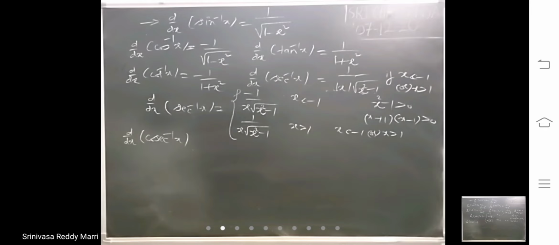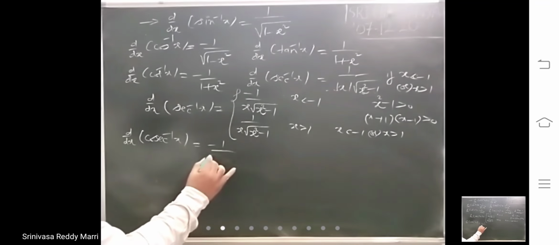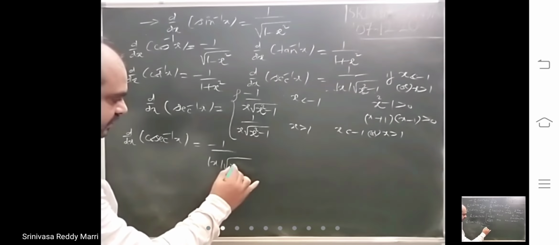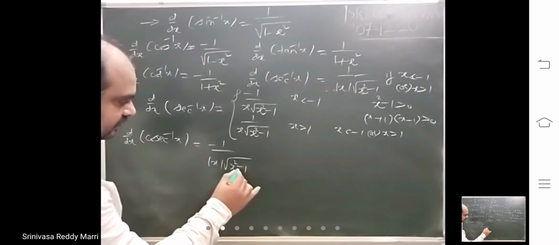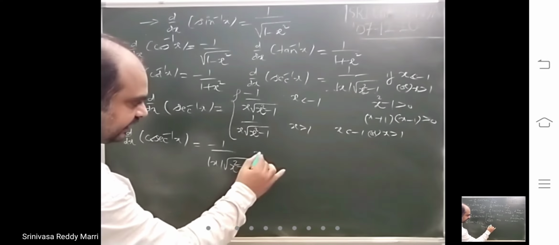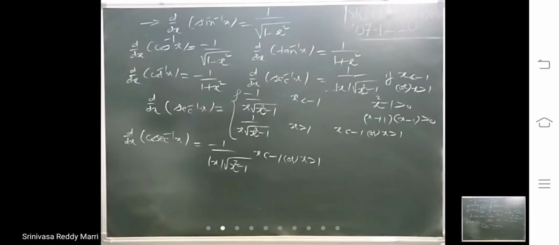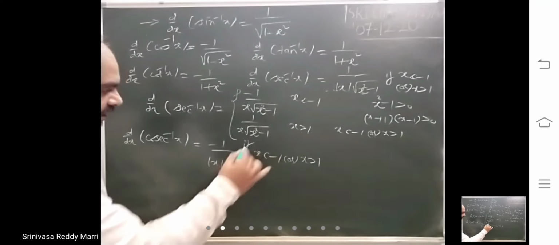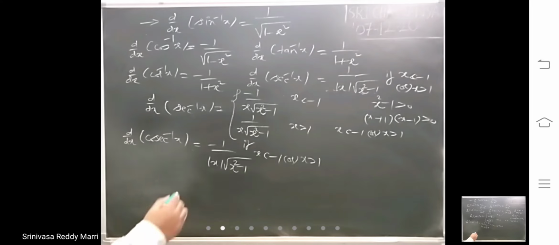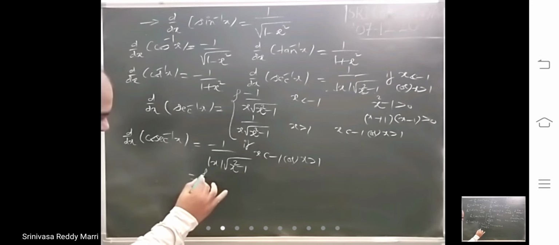Next, the cosecant inverse x formula is minus 1 by modulus x into root of x square minus 1. This is also defined only when x is less than minus 1 or x is greater than 1. This will also have two cases.